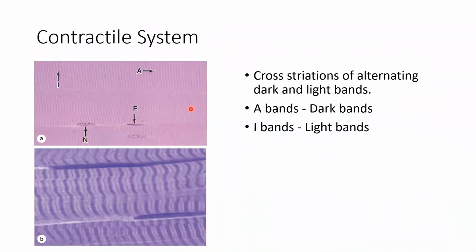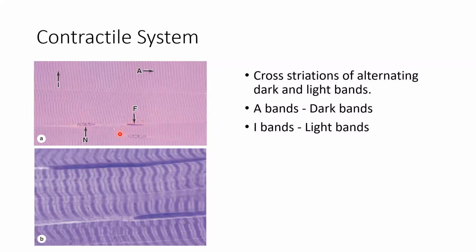So this is the light microscopic view of the skeletal fibers. You can see the striations, the lines, the I bands and the A bands. I bands are light colored, A bands are dark colored. This is a nucleus, and you can see that it is situated peripherally.